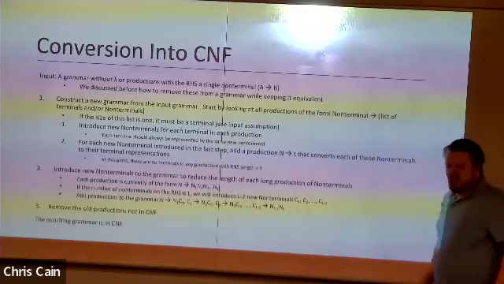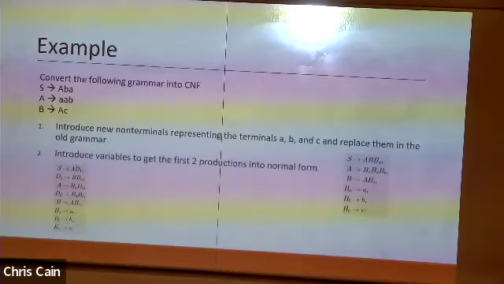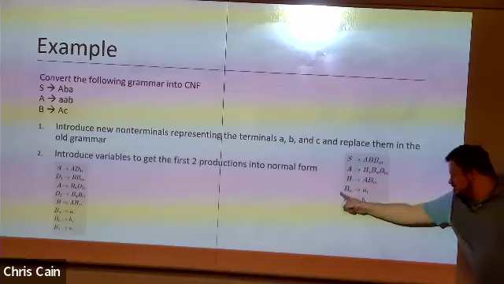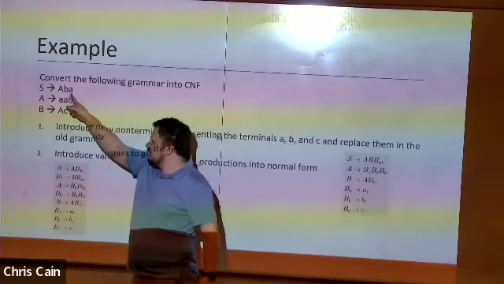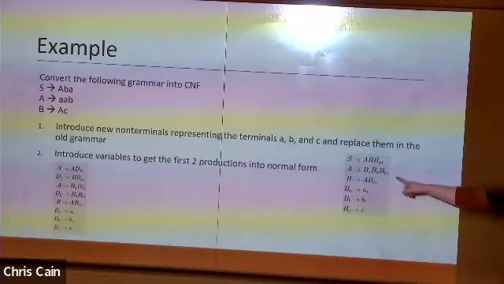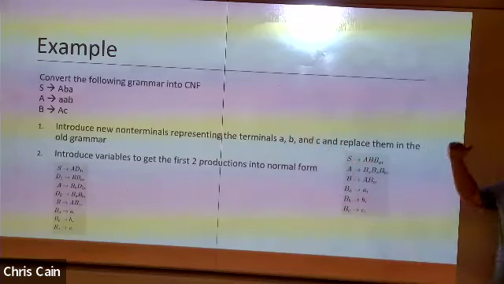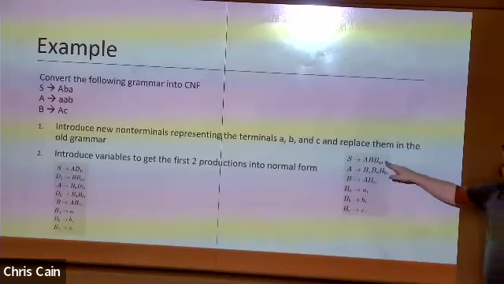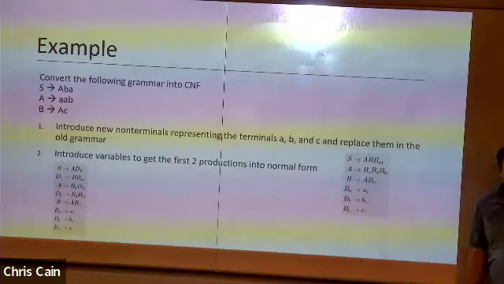We're going to make new non-terminals for each terminal, and then where each terminal appears in the original grammar, we're going to replace it with the associated non-terminal that we just made. So B sub A, for instance, is the non-terminal for the character A. We go through the old grammar and replace each terminal with its associated non-terminal in these three productions.